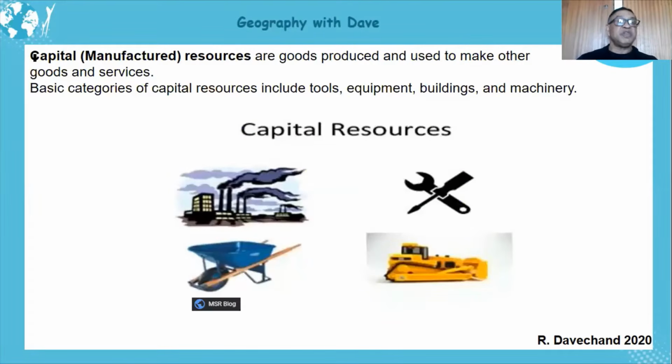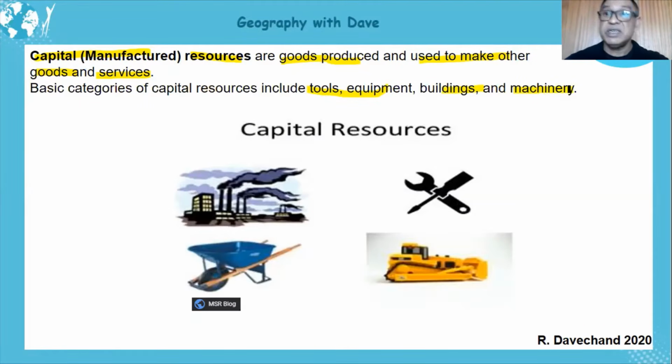And of course, you have the capital or manufactured resource. These are goods produced and used to make other goods and services. So they are the manufactured or capital resource. Examples: tools, equipment, buildings, machinery.